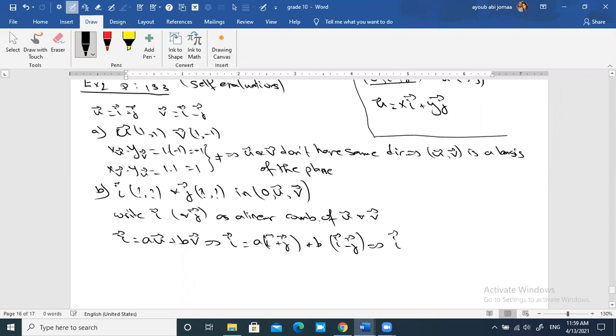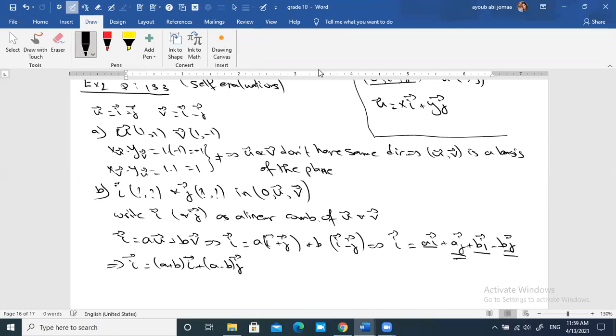Then i is equal to ai plus aj plus bi minus bj. That means that vector i is equal to, collecting like terms, (a plus b) times i plus (a minus b) times j.